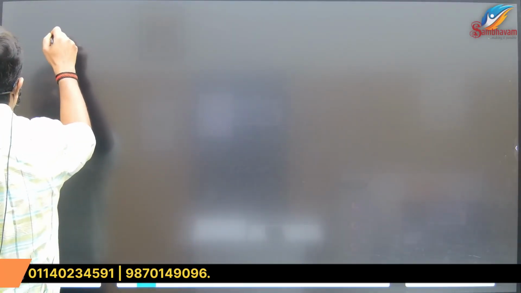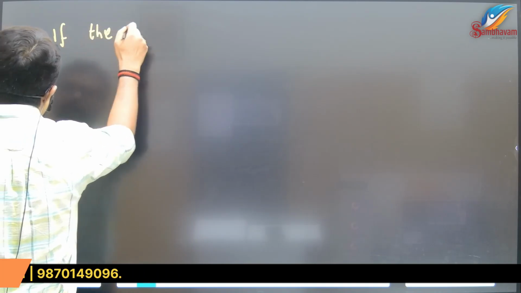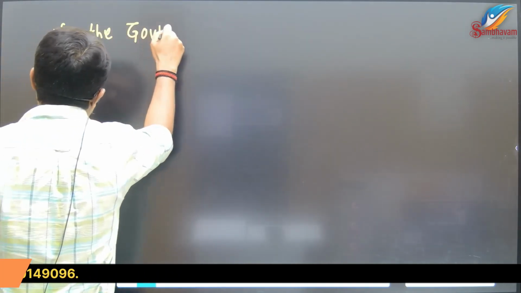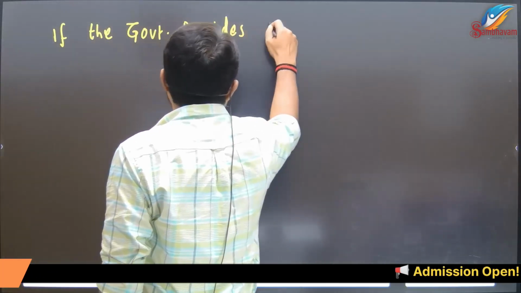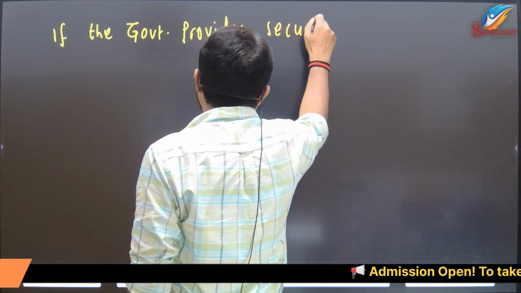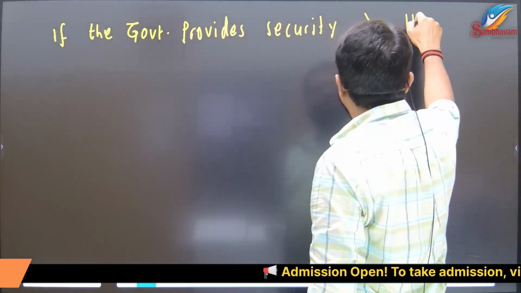So providing security, if the government provides security, this is an example of honesty.